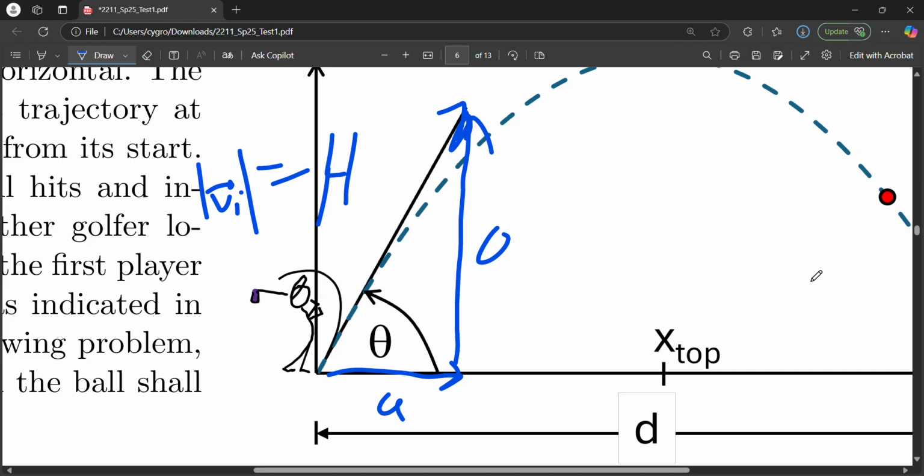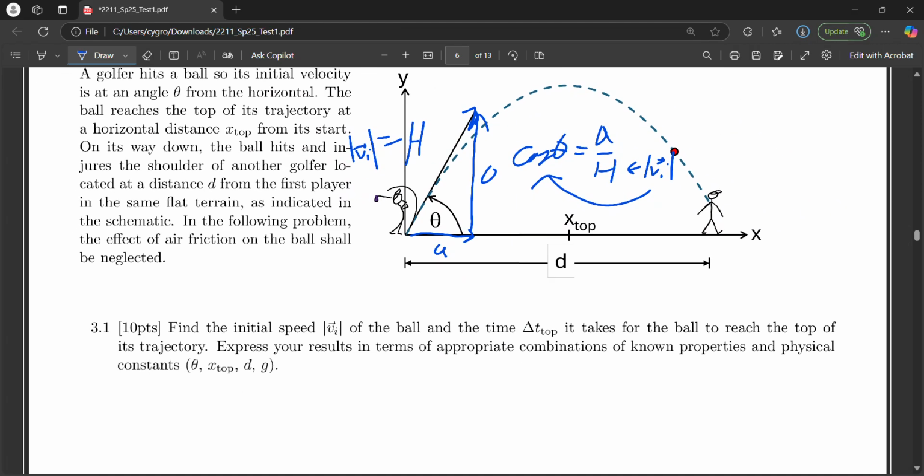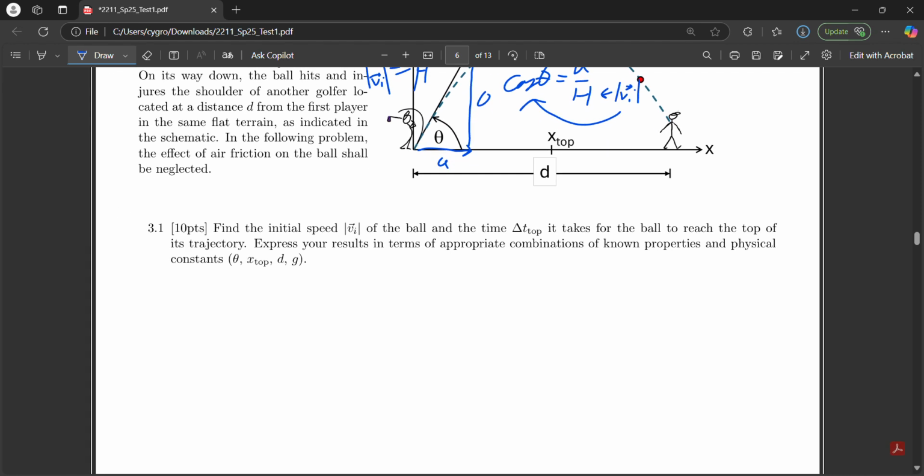To find this, we're going to use our cosine. Cosine of theta is equal to adjacent over hypotenuse. Once we plug in hypotenuse as vi, then if we multiply vi by cosine, we can find what our adjacent is. We would do the same thing for sine to find the y component instead of the horizontal x component.